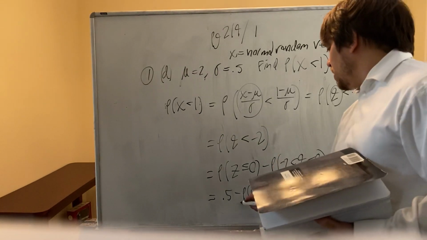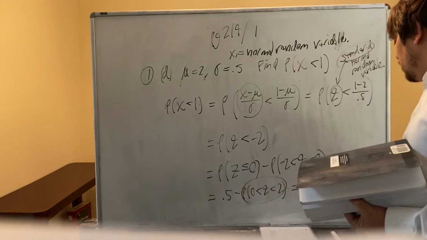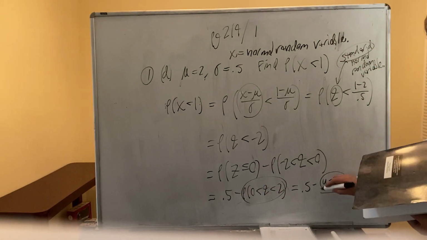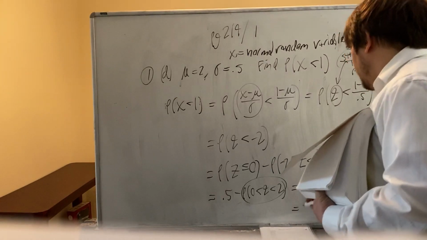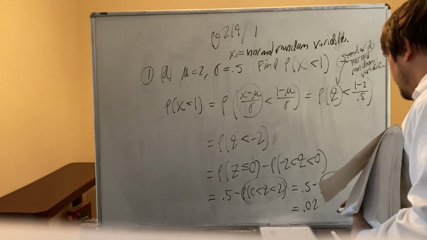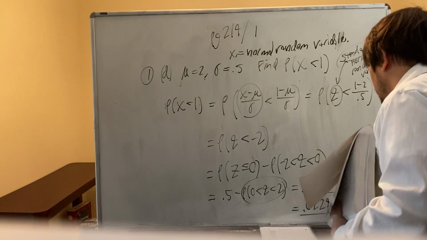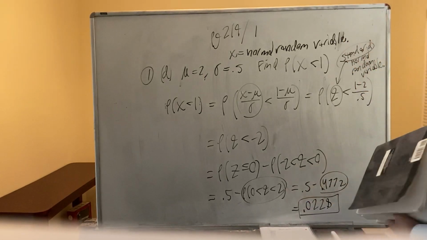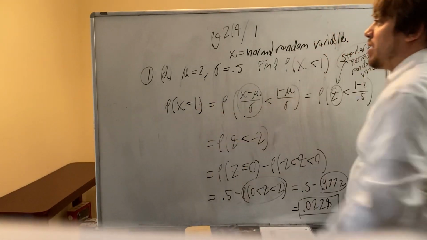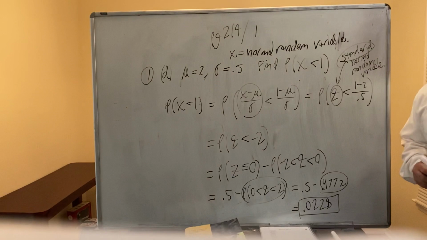So the probability that z is between 0 and 2, where z is a standard normal random variable, is 0.4772. So 0.5 minus that is 0.0228. All right, and so that is the probability that x is less than 1 in part D.